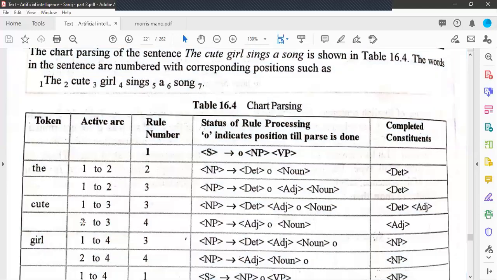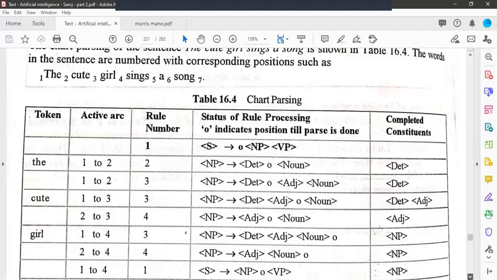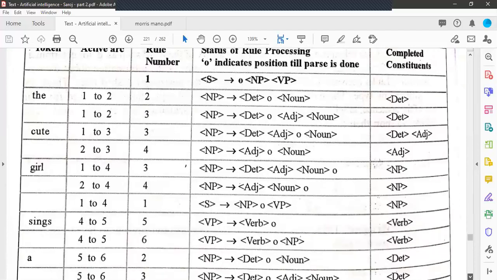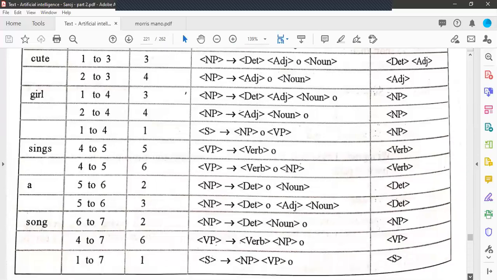Only if you follow from 2 to 3, arc number 2 to 3, and omit the part, then rule number 4 has to be applied, wherein there is an adjective and expects a noun, which is to be its subsequent token. Girl. The next token is girl.